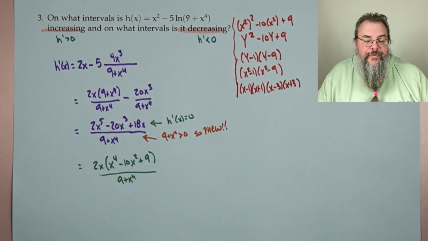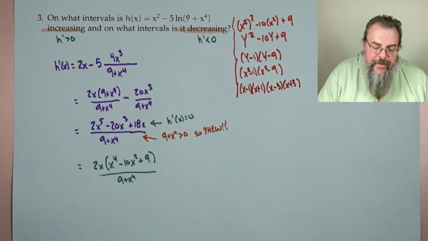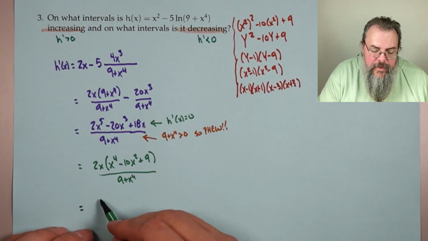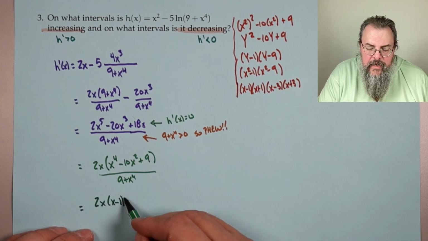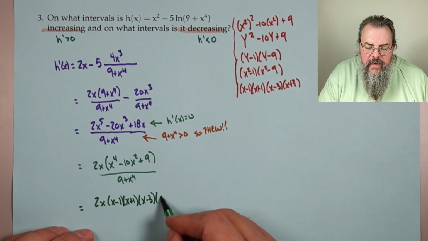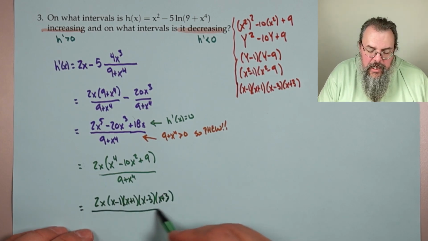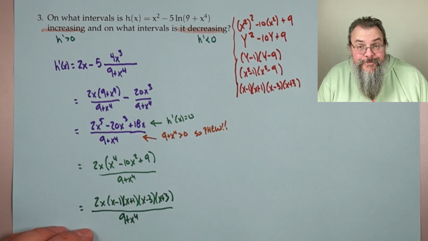So, what do we have? Well, our h prime is 2x, x minus 1, x plus 1, x minus 3, x plus 3. Whoa! That's crazy! But it's true.